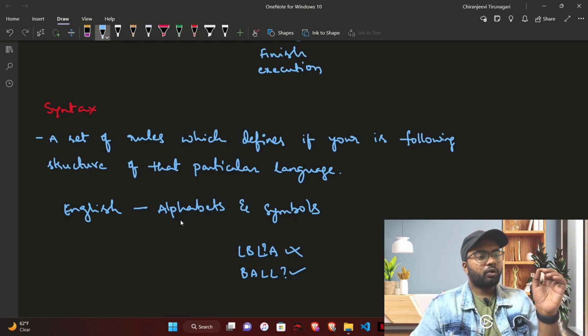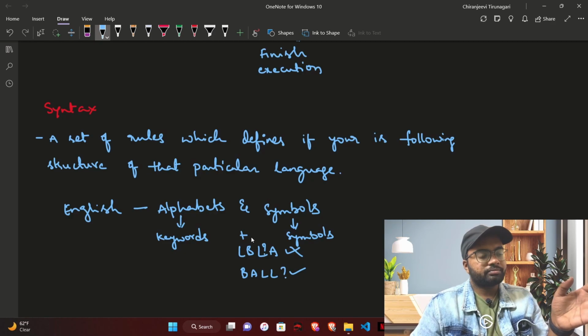Just like how we have alphabets, we have something called keywords in a programming language and some symbols. These are what define a programming language. These are equivalent to alphabets and symbols in normal languages.